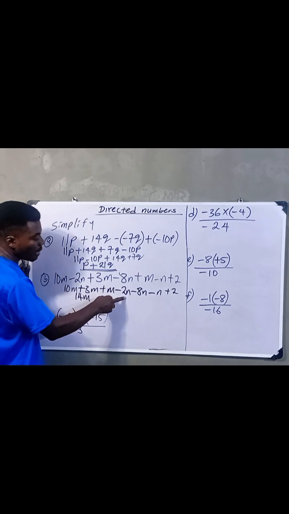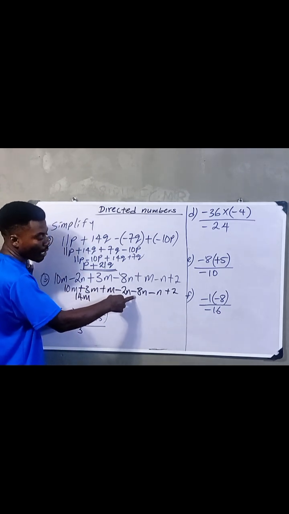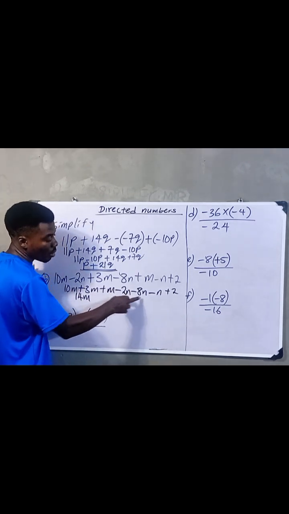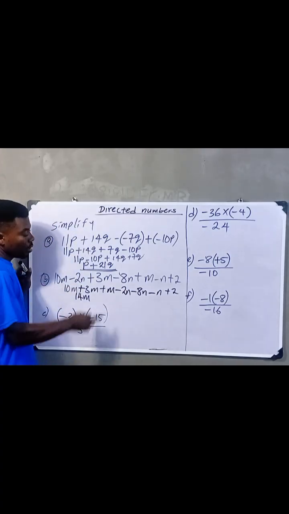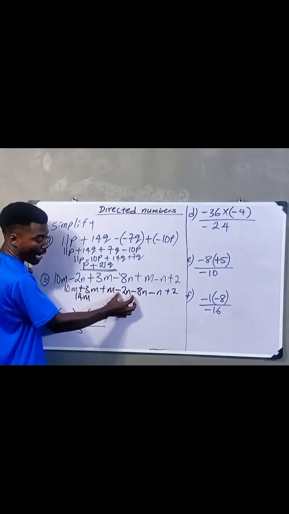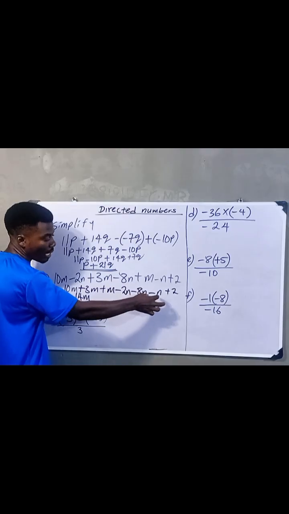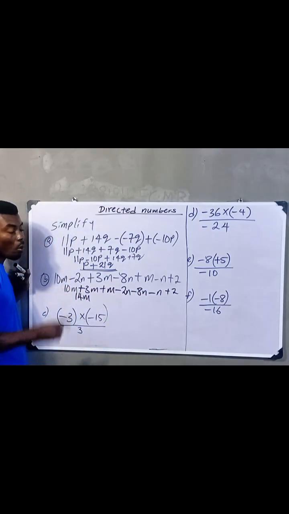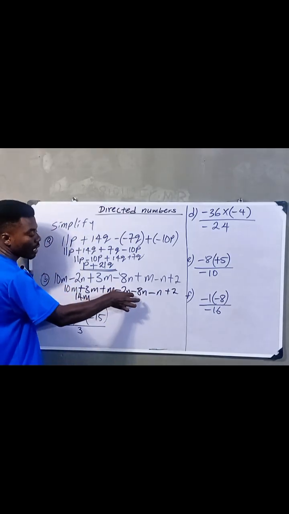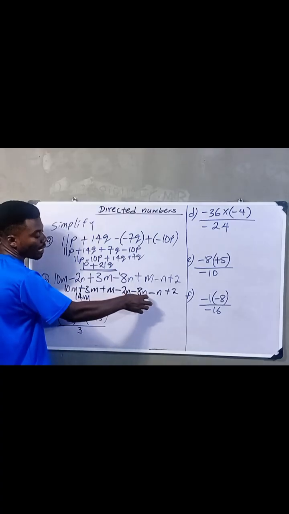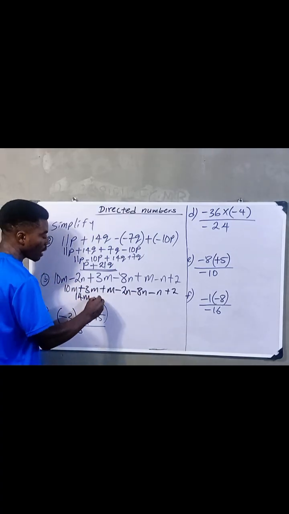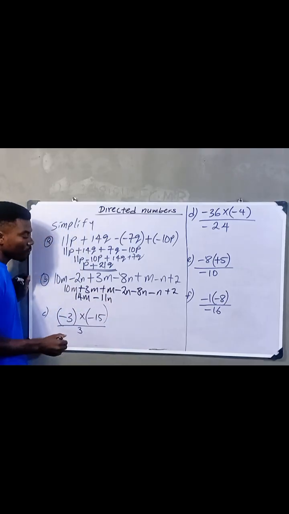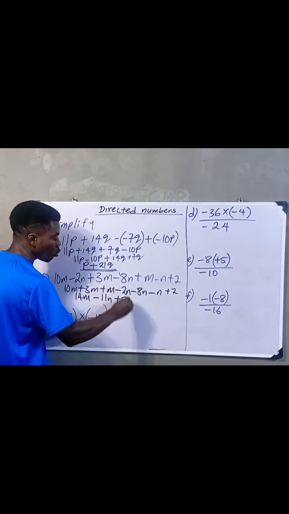Okay, so this is negative 2n minus 8n, minus n. All right, so you are owing 2n, you are owing another person 8n, you are owing the last person 1n. So negative 2n minus 8n is negative 10n, minus 1n gives us negative 11n, and plus 2.